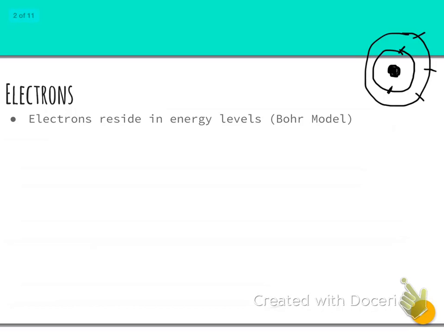You have electrons outside of the nucleus, and they are in energy levels. So this first ring is an energy level. This second ring is an energy level. If we needed to go to a third one, that would be an energy level. So electrons live inside of these energy levels.